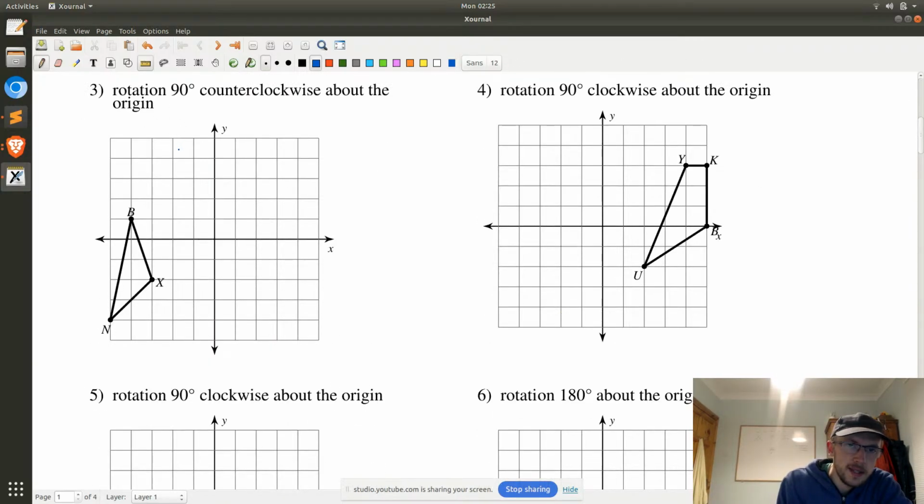Rotation 90 degrees counterclockwise about the origin. Okay, so this time we'll slow down and we'll point out where B goes.